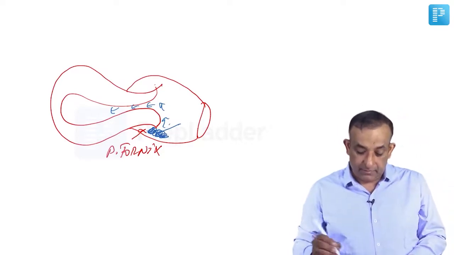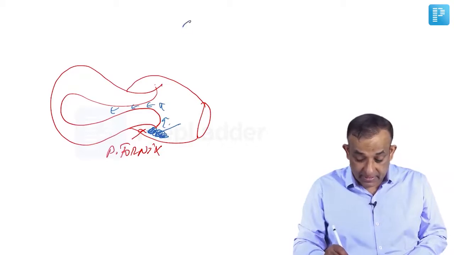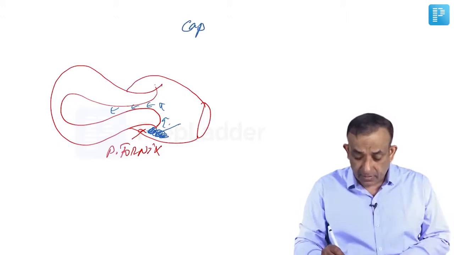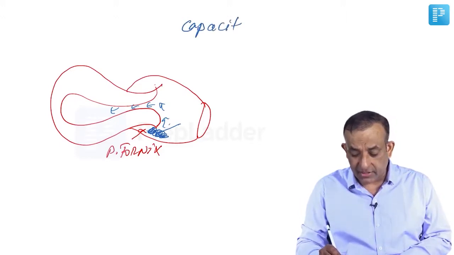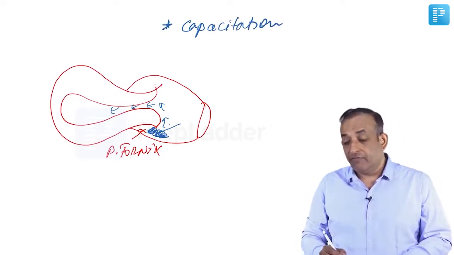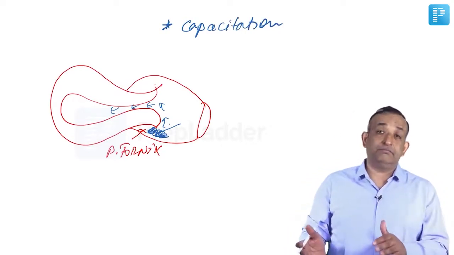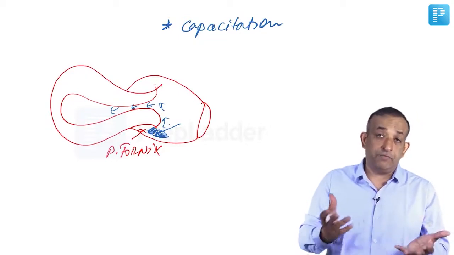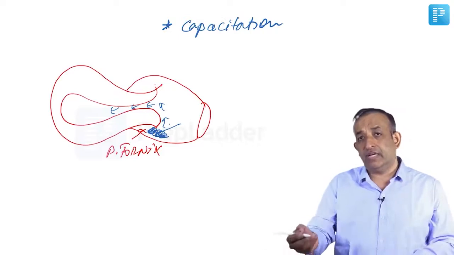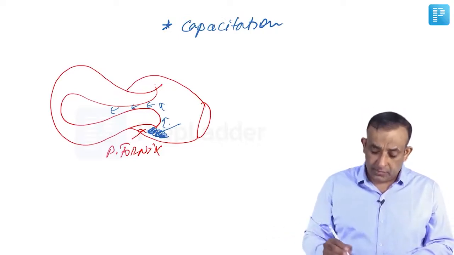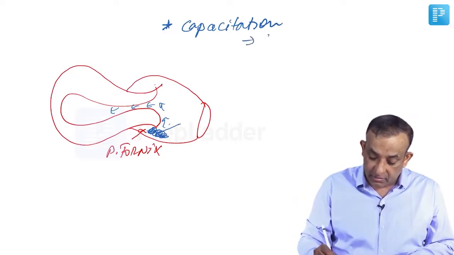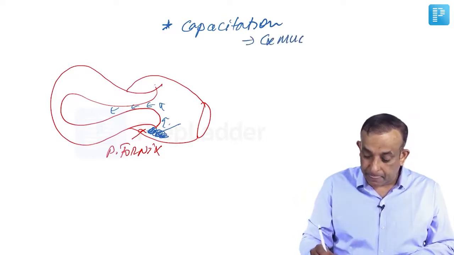Now a lot of people ask, what happens in the cervical mucus? The sperms get ready for fertilization. That is what is known as capacitation. Now there is a controversy from the last 1 or 2 years. We've been reading a lot more books, and the physiologists have come up with some more explanation on this. Traditionally, even in Novak's Gynaecology, we know that capacitation happens in the cervical mucus.